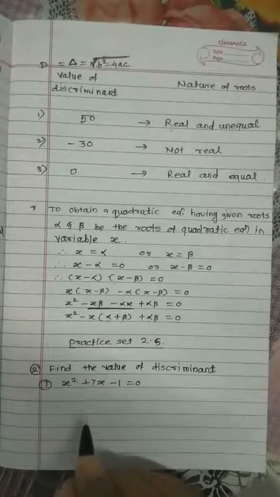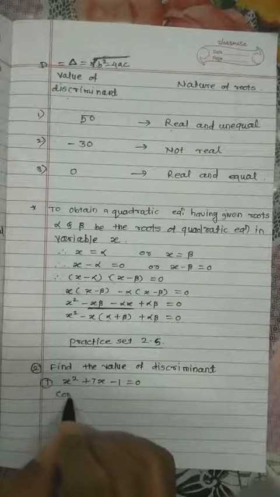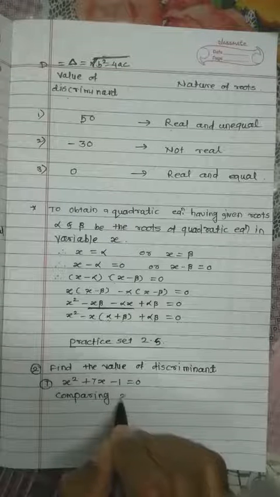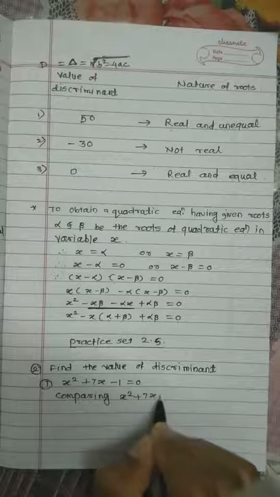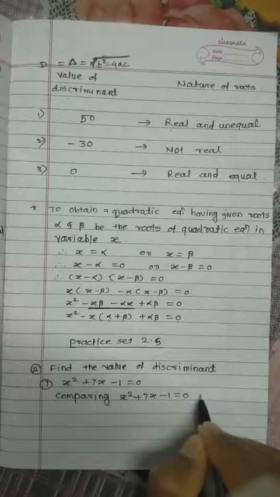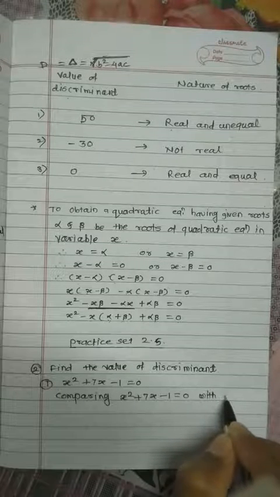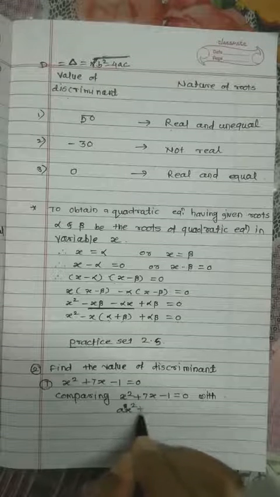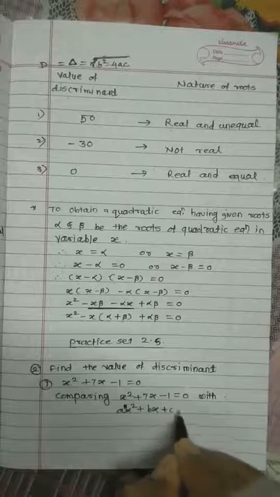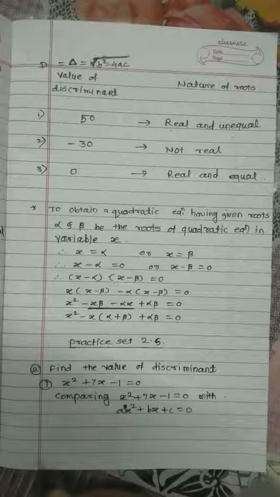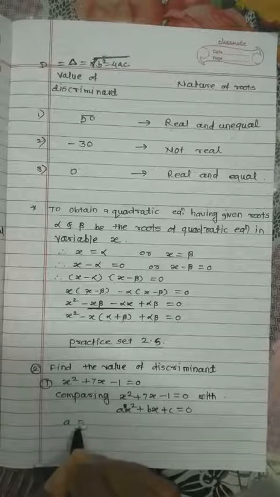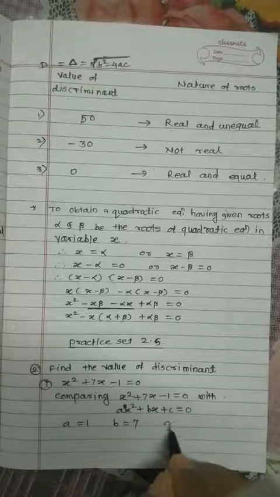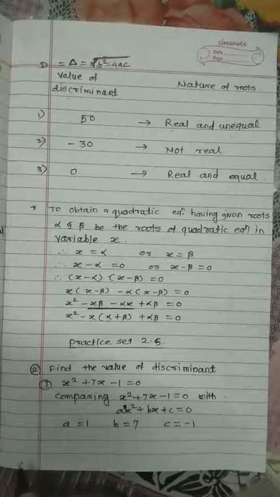Then comparing this x square plus 7x minus 1 is equal to 0 with a x square plus bx plus c is equal to 0, the value of a is 1, value of b is 7, and value of c is minus 1.